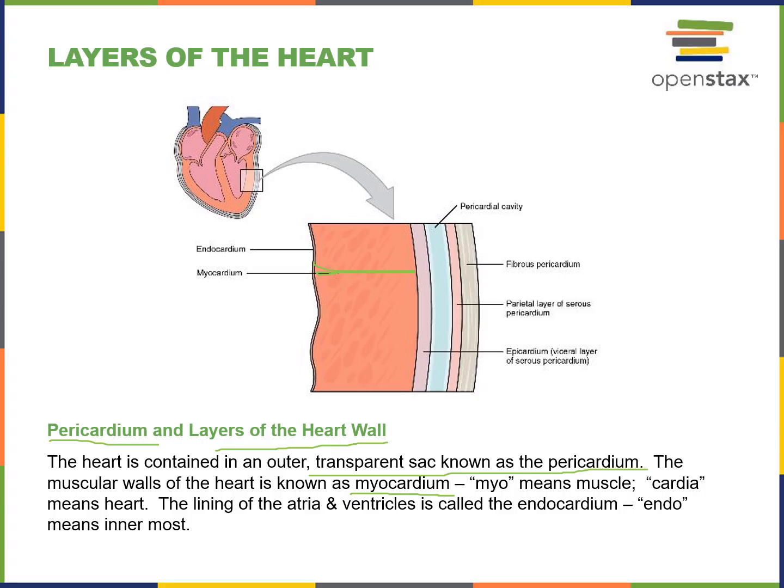So all of these are coverings, essentially, with the epicardium being the outermost layer of the heart, and then there's the parietal, and then there's the fibrous pericardium. So pericardium you need to know, myocardium, yes, and you also need to know endocardium. So on the inside, the part of the heart where blood will be flowing, so that would be this layer here, this needs to be very, very smooth.